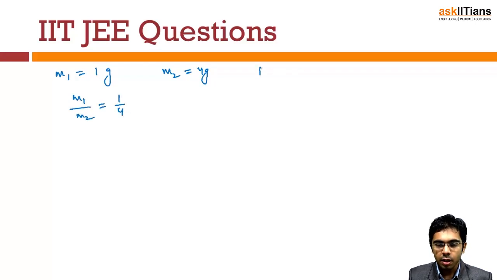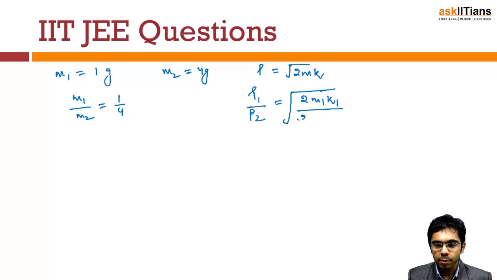We got the relation p as under root 2mk, so p1 by p2 will come out to be under root 2m1k1 by 2m2k2, since it is given that k1 is equals to k2 is equals to k, because in the question it is given that they have equal kinetic energies.